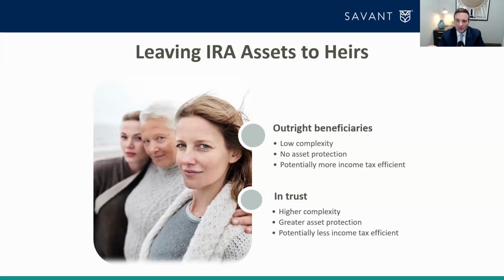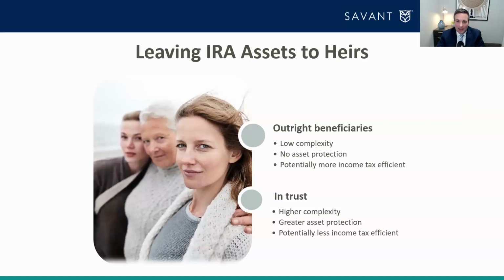The big takeaway from this slide is that when you leave assets to a beneficiary, it's very simple and straightforward. The claims process and any distributions in the applicable RMD period are going to be taxed at that beneficiary's individual tax rates, which are high, as I had said before, before you get to that highest marginal tax rate.